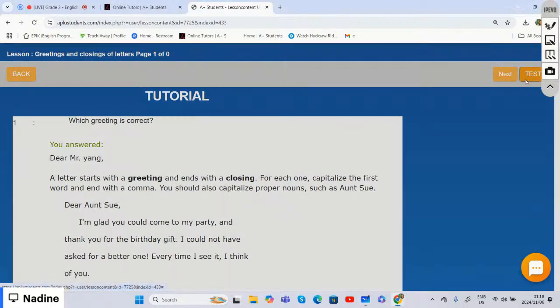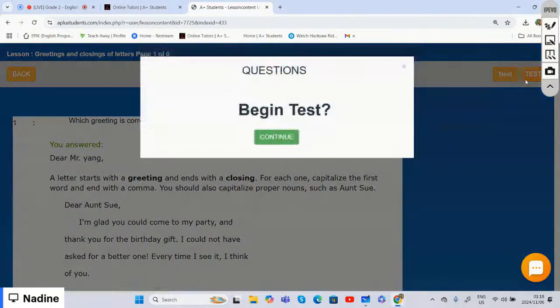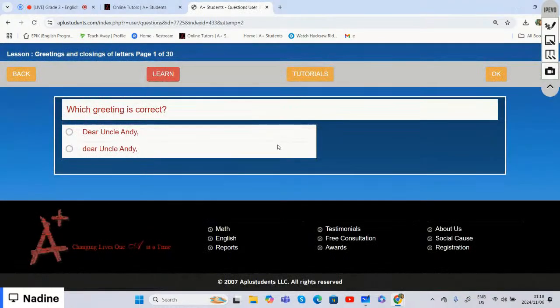Okay, so let us go to our test. It's about letters: writing letters, starting your letters, ending your letters. If we look at the wording, we need to say which greeting is correct, meaning how we start writing a letter. Remember, we need to greet. So, which greeting is correct?